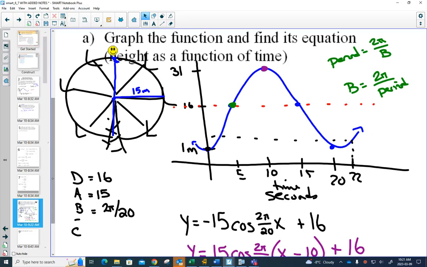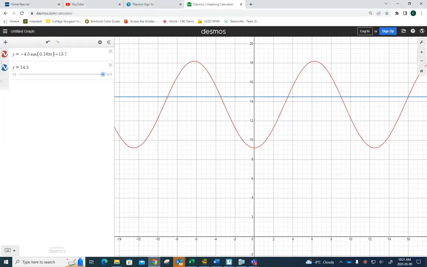I could do technology, so I'm going to go back to Desmos here, and I'm going to type in this equation now.